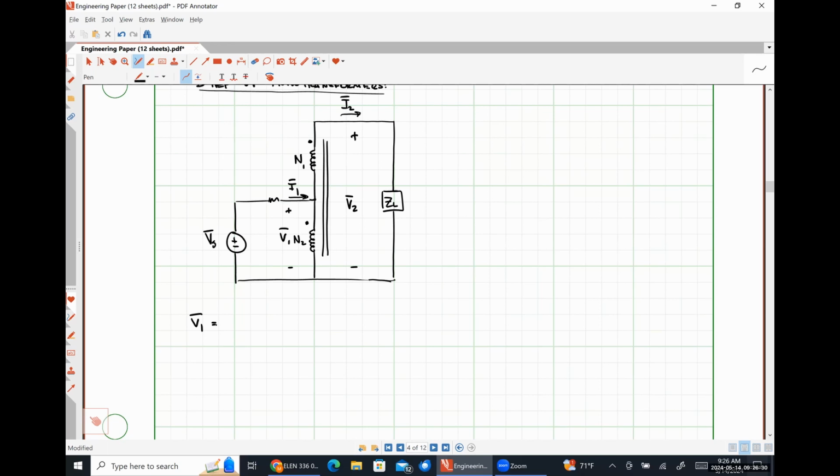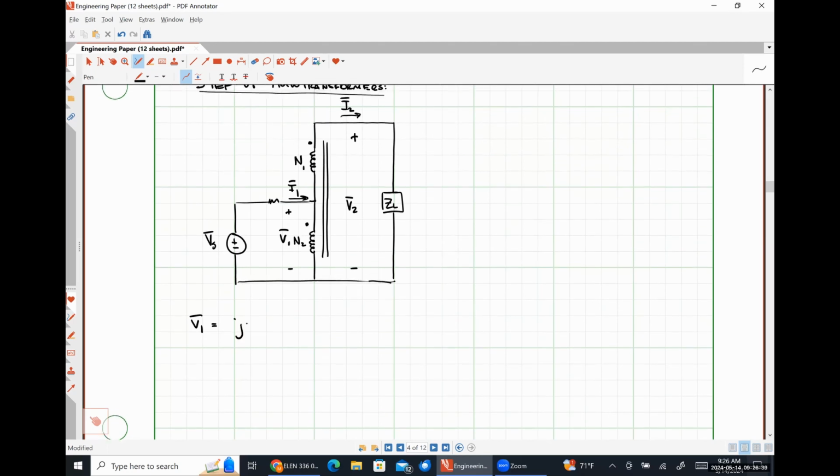Okay. So my self term would be j omega L2. So whatever that inductance of that coil is that has N2 turns. What's the total current flowing into the dots for that coil with N2 turns? I1 minus I2 from Kirchhoff's current law, right?